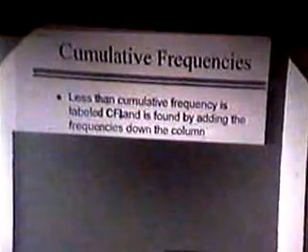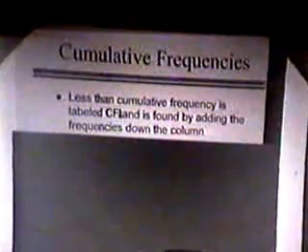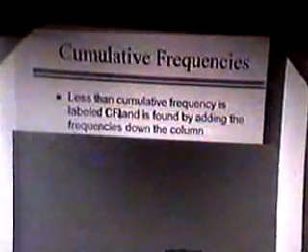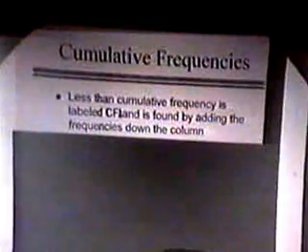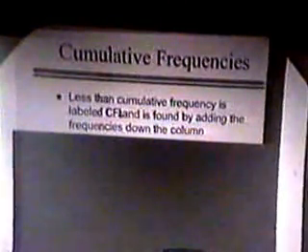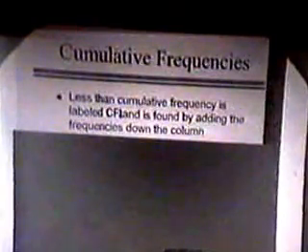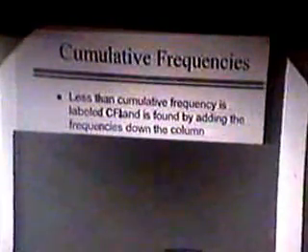Less than cumulative frequency is labeled CF with an arrow pointing down, and is found by adding the frequencies down the column.